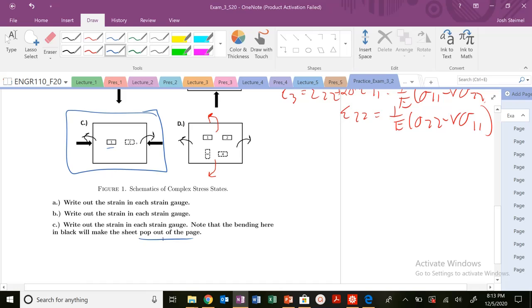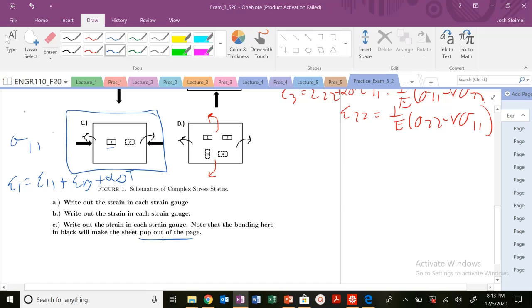So for C, I have a stress in the 1-1 direction, and my first strain gauge is going to be measuring the strain in the 1-1 direction plus bending, because it's popping out of the page, so those wires are expanding. So this plus alpha delta T. That's it.